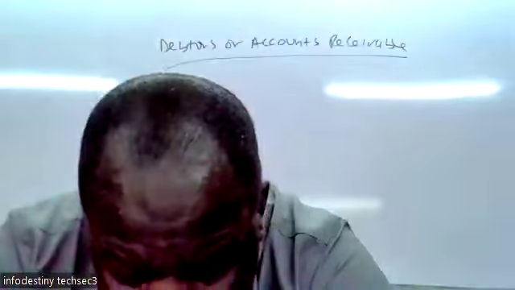It is the assessment of the customer's honesty and integrity. Then B, capacity. It is the assessment of the customer's ability to pay. C, the next is capital. It involves the assessment of the capital resources of the customer. D, collateral or security.